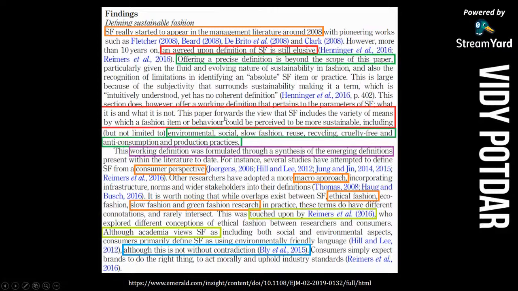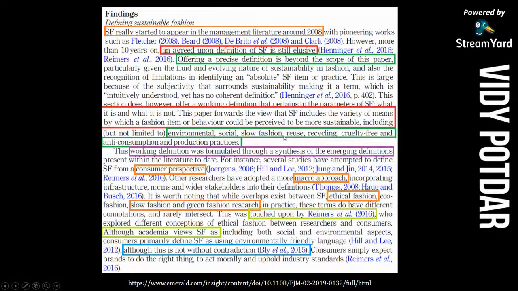This paper's contribution, or one of the findings, forwards the view that sustainable fashion includes the variety of means by which a fashion item or behavior could be perceived to be more sustainable, including environmental, social, slow fashion, reuse.